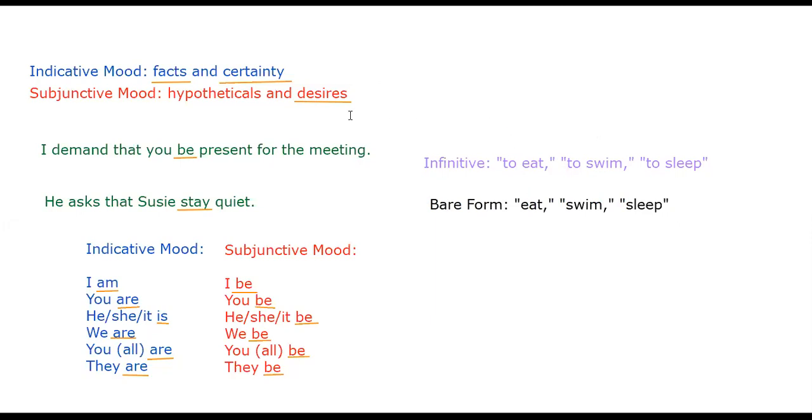So for every verb, like to be, to walk, to run, to call, we just use be, run, call, etc. The bare infinitive of to be is just be. And the subjunctive mood takes the same form as the bare infinitive. So that's why it's be.